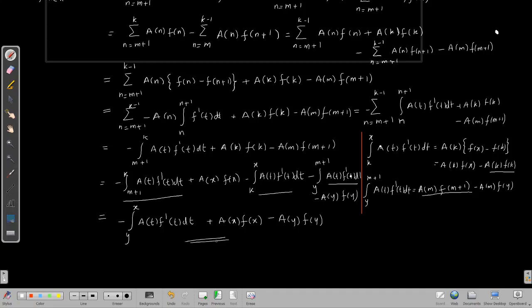So this is what we call Abel's identity. Next we can find an application of this Abel's identity that gives the relation between theta of x and pi of x.